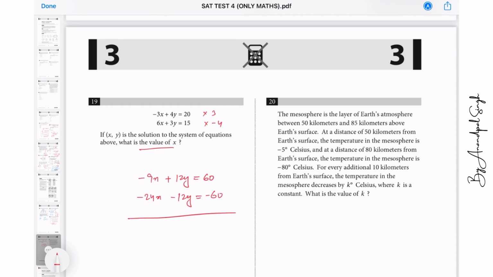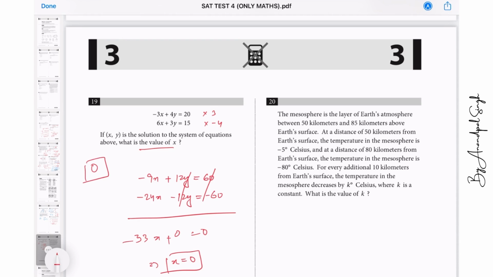When I add the two, 12y and minus 12y become 0, 60 and minus 60 become 0, and we get minus 33x. It implies x equals 0, so the answer is 0.